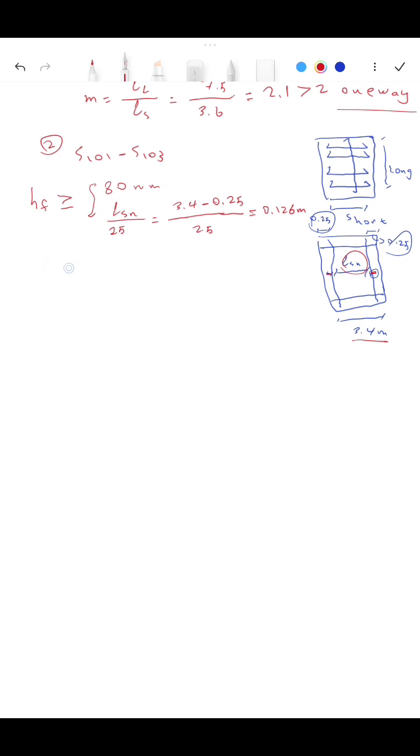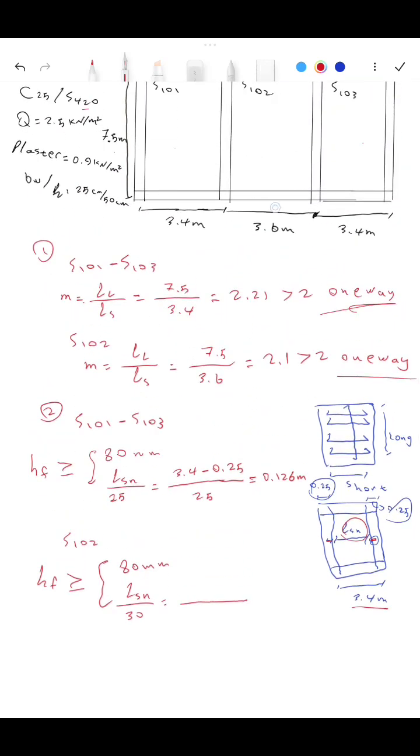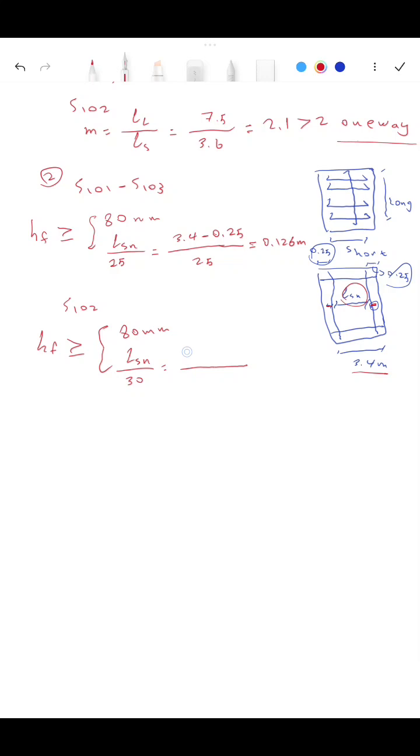When we go to S102, we will do HF bigger than or equal to 80 millimeter, or LSN over 30 in this case, because it's continuous. So LSN is also the same. Here we have 3.6, so 3.6 minus half and half of the beam, so 0.25 again, divided by 30.